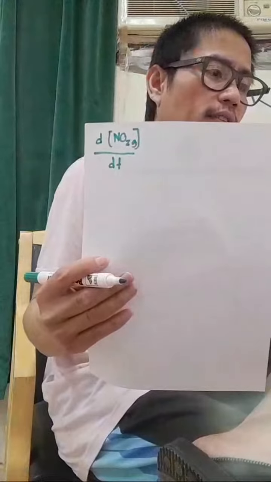But it's up to you what nomenclature you will be able to use. Okay, d. So d[NO2] gas over dt. So this is the rate.